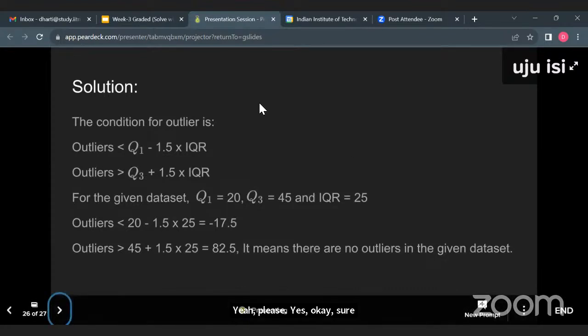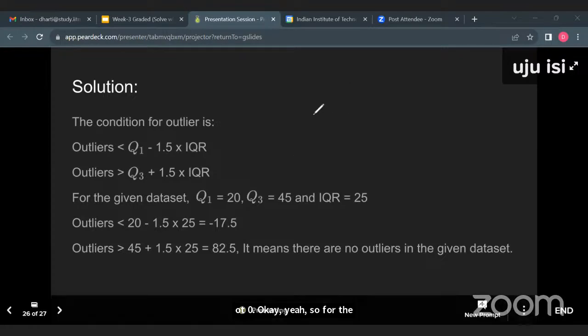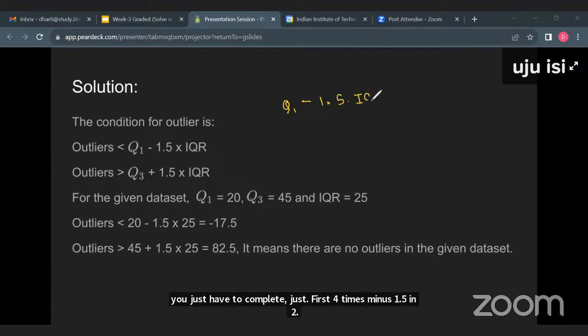Ma'am, why is the outlier 0? Outlier is not 0, like there is no outlier. So the number of outliers is 0. For outliers, we have to calculate these two values only. First, the first quartile minus 1.5 times the interquartile range.